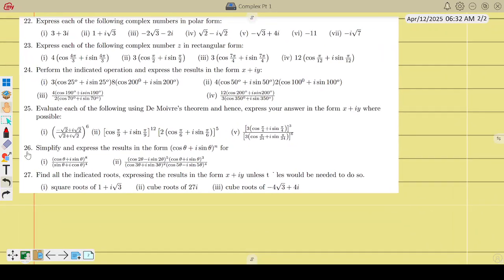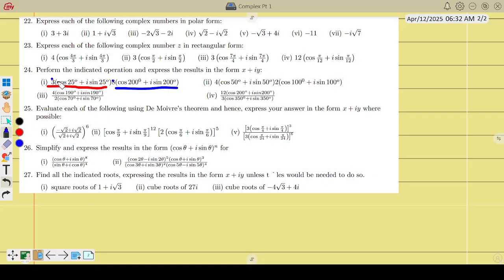For questions like this, where they say perform the indicated operations, you have this part and this part, and they are multiplying. This is r1, this is r2.